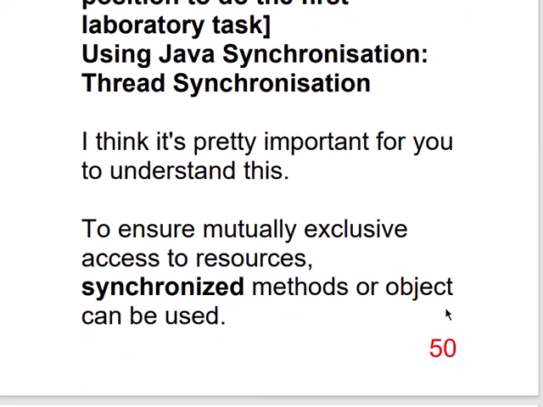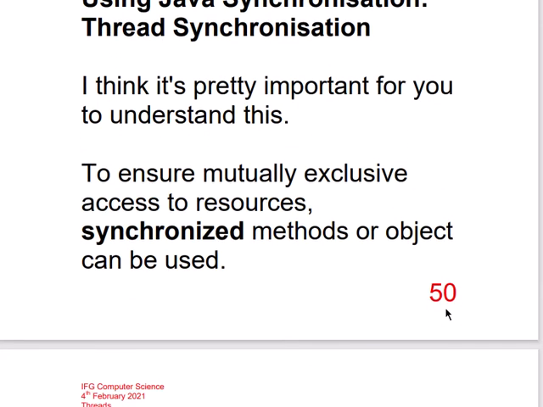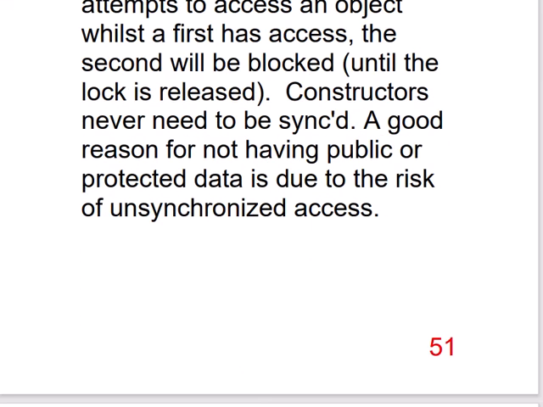I'm just going to talk a little bit about synchronization, thread synchronization, because I think it's pretty important for you to understand this. To ensure mutually exclusive access to resources, you can synchronize methods or place some kind of synchronization lock on an object to gain that guarantee of mutual exclusion.